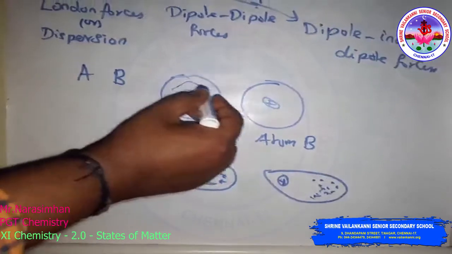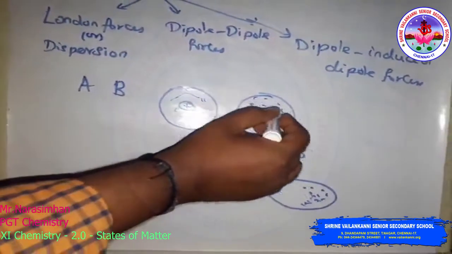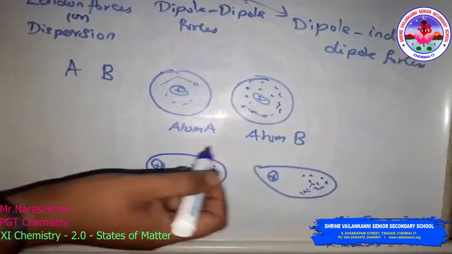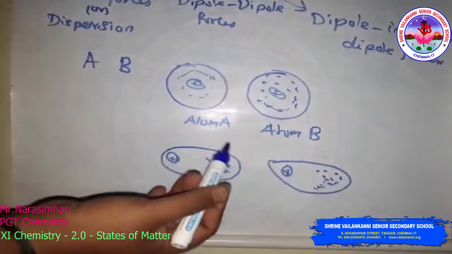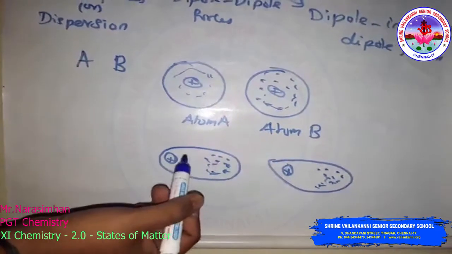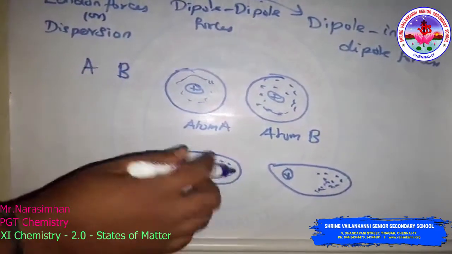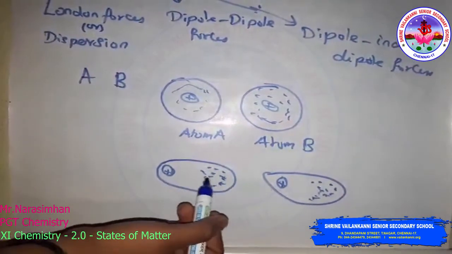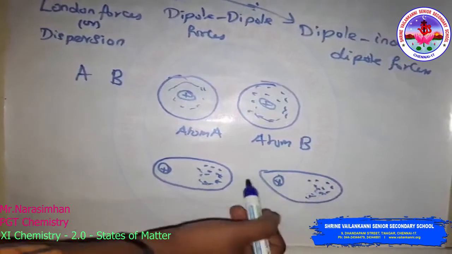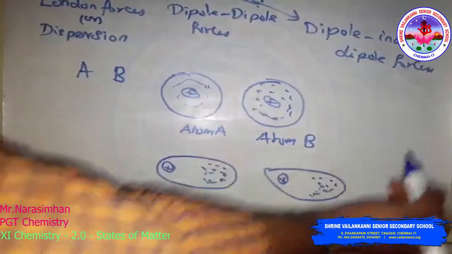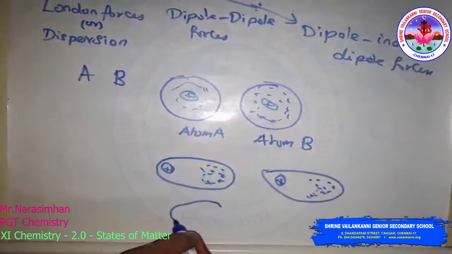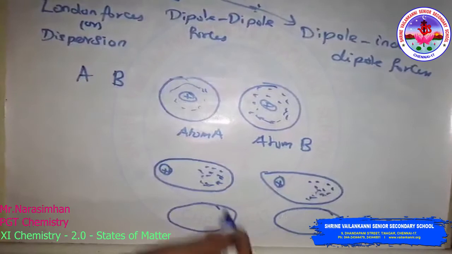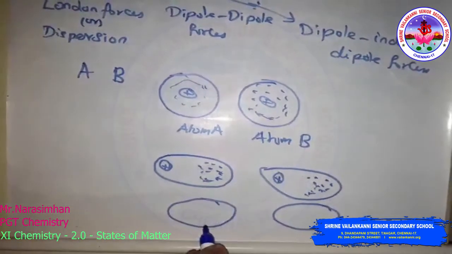What happens is that momentarily the electronic charge distribution of one of the atoms, A, becomes unsymmetrical, with the charge cloud more on one side than the other. This is one type, and one more type is this. These are atom A and these are atom B.